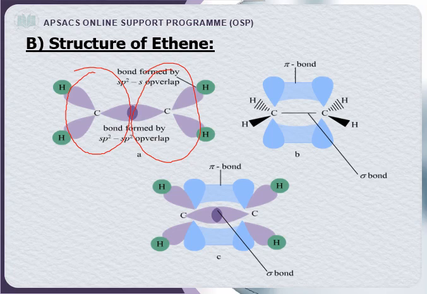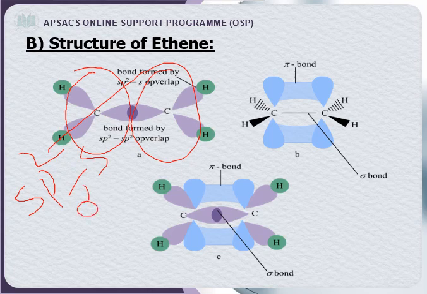Each hybrid orbital of the carbon atom overlaps with the hydrogen atom of spherical shape to give an sp2 to s overlap. This is a linear formation of the electronic cloud, so the bond formed is a sigma bond.